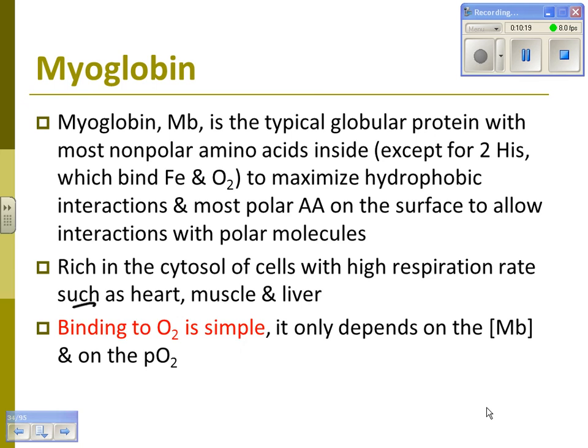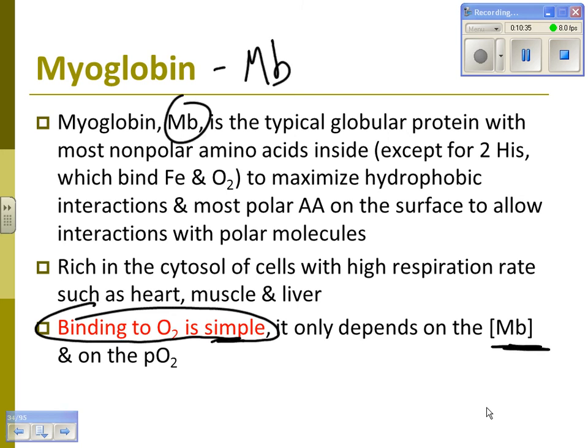Big takeaway on this one is what's in red. The binding of oxygen is simple. So simple meaning it's only dependent on the concentration of myoglobin, which is abbreviated MB, and the pressure of oxygen, so the amount of oxygen available.